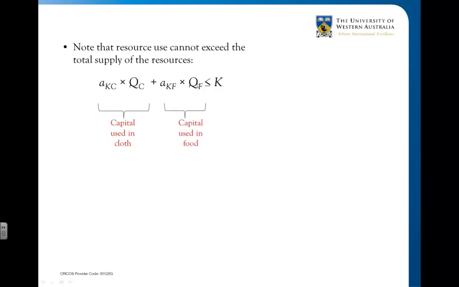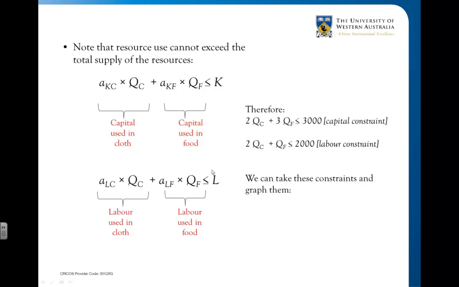Then we've got the quantity of food being produced multiplied by how many units of capital you need to produce it. That has to be less than or equal to the total amount of capital available. You can do the same thing for labour. There's the labour used for cloth and the labour used in food, which must be less than or equal to the total amount of labour available. This introduces a constraint, meaning we can't go beyond that.